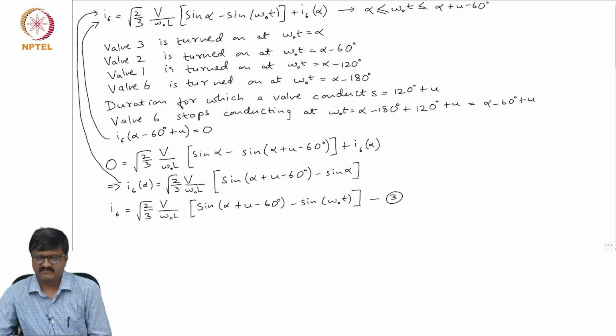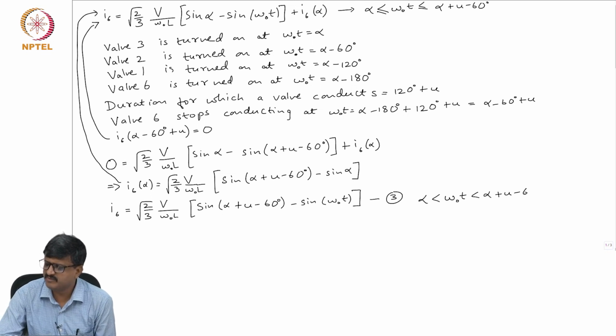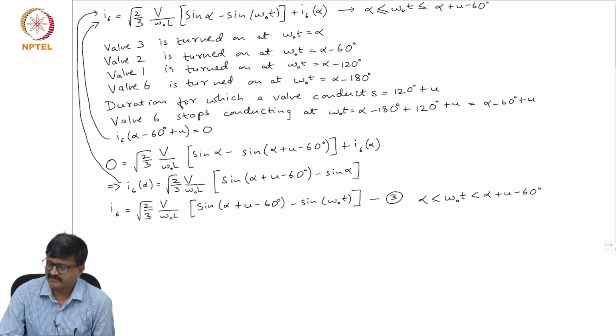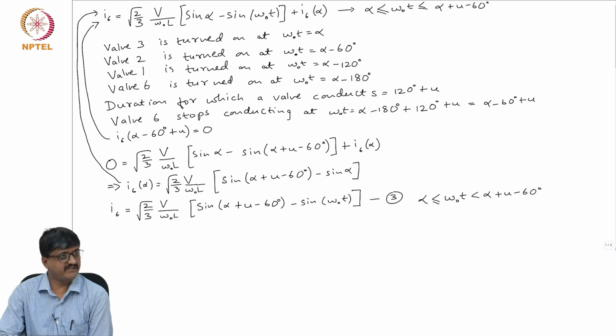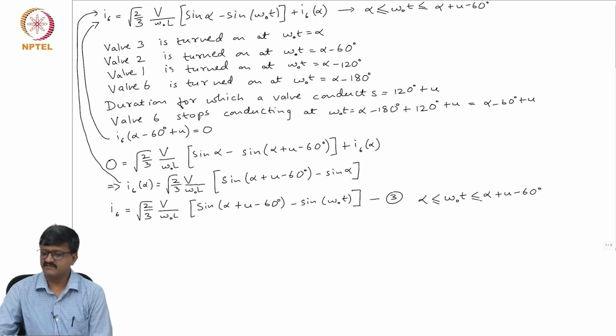Please note this, let me repeat this. I6 expression given by equation 3 is applicable for omega ot greater than alpha and less than alpha plus u minus 60 degrees. And one can check that it is also applicable for omega ot equal to alpha and omega ot equal to alpha plus u minus 60.